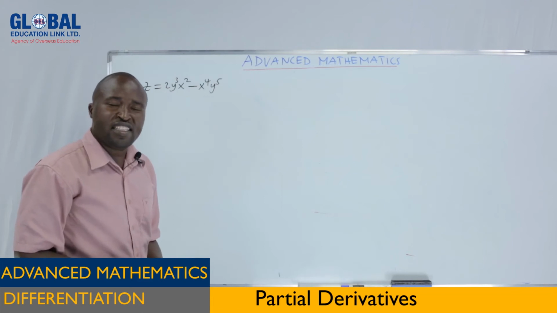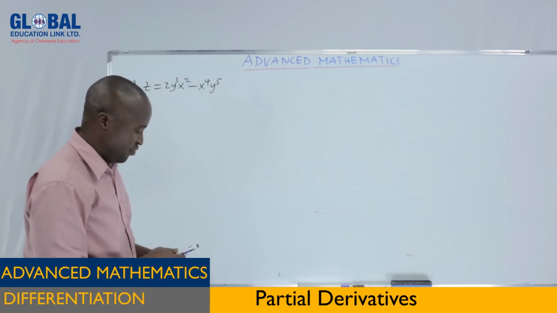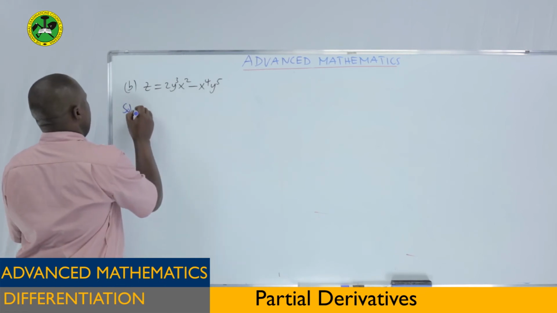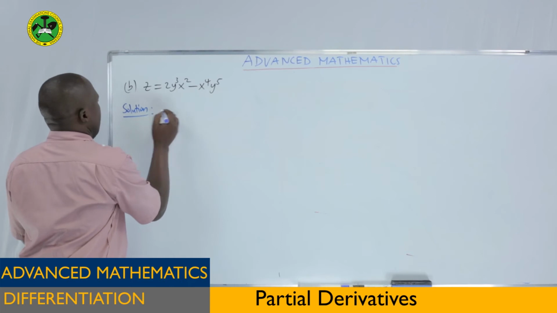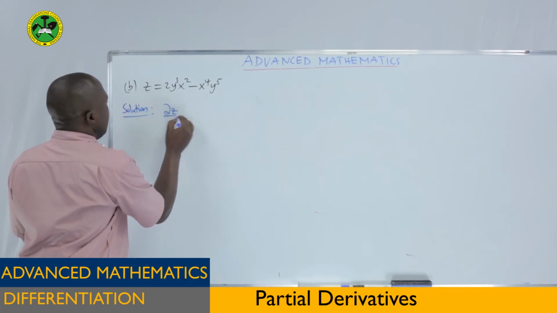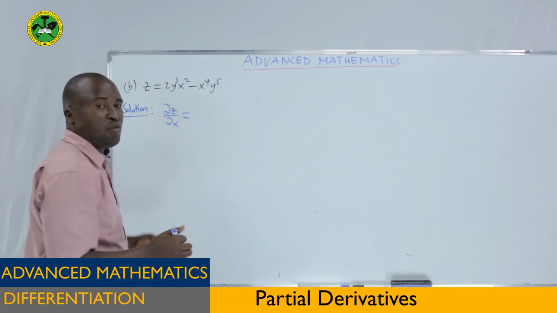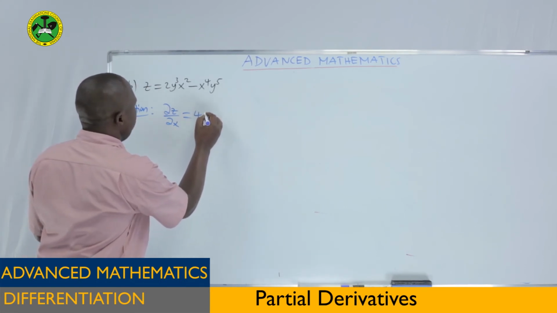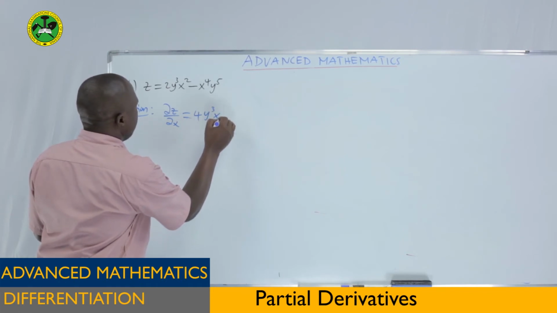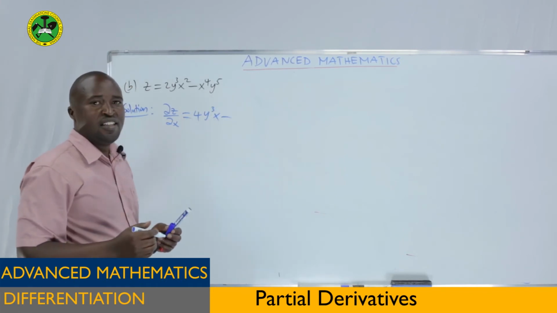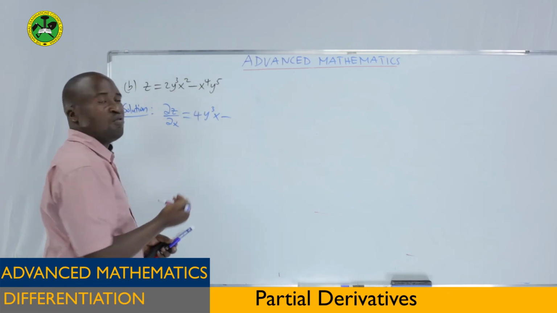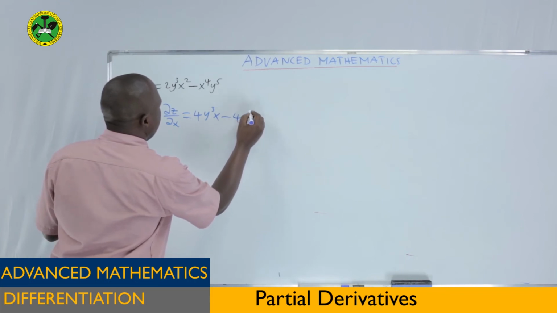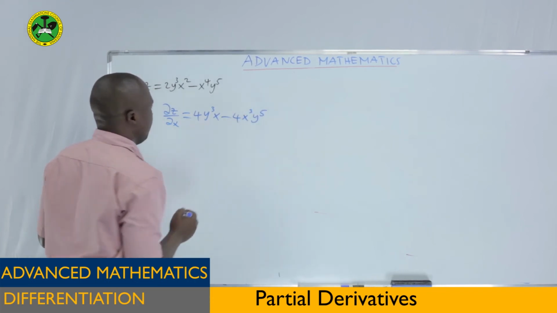So student, we are starting with first order partial derivative. And of course, you can start with that is the partial derivative of z with respect to x. Remember, y is constant. So here we have, that is 4y cubic x. Then minus, we have x power 4, y power 5. So in this case, we have 4x cubic y power 5.